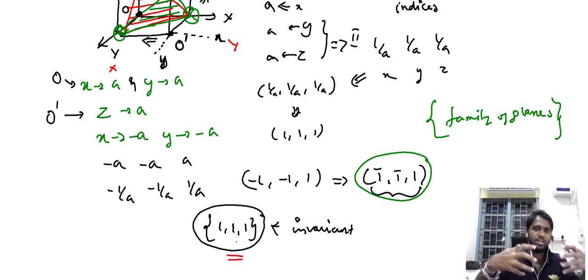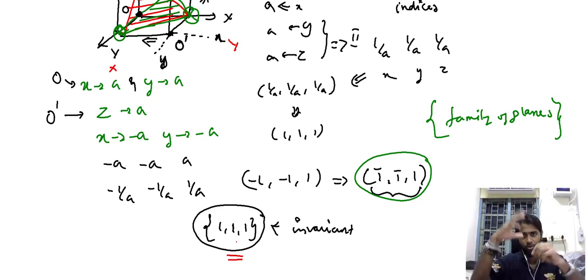So whatever combination you give to the coordinate system, be it positive negative combination or the rotational combination, when you describe a given plane using different combinations of the coordinate system, all will be captured by the family of planes.